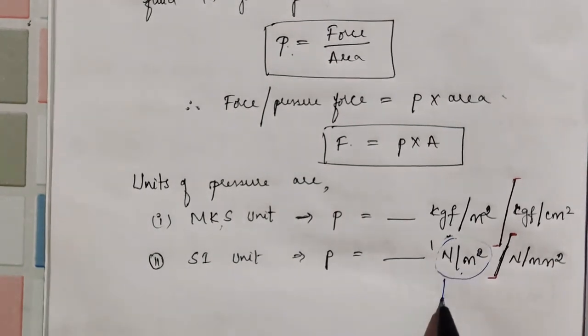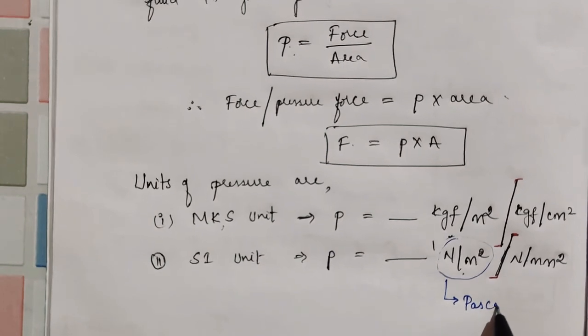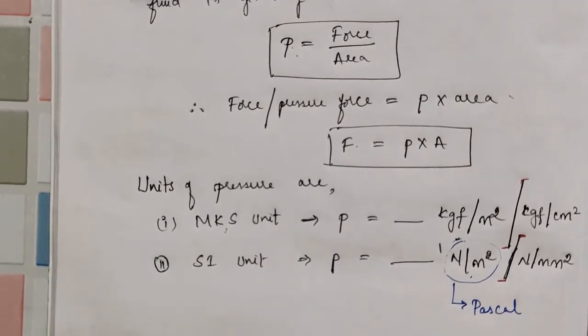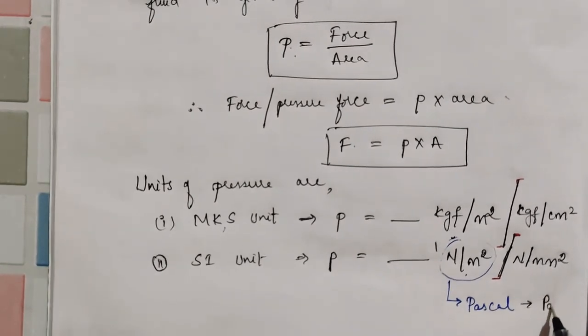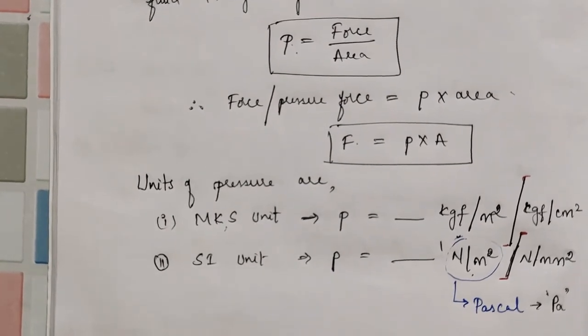And this Newton per meter square is also called Pascal. They can give Pascal, or they can tell 1 Pascal, that is 1 Newton per meter square. Its symbol is Pa.